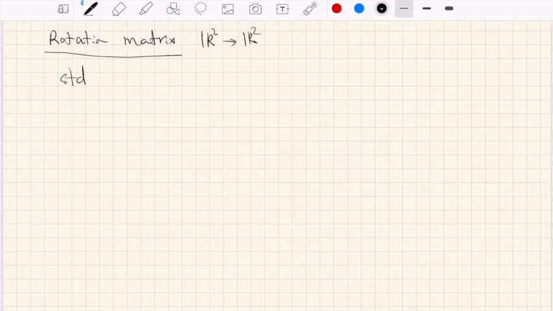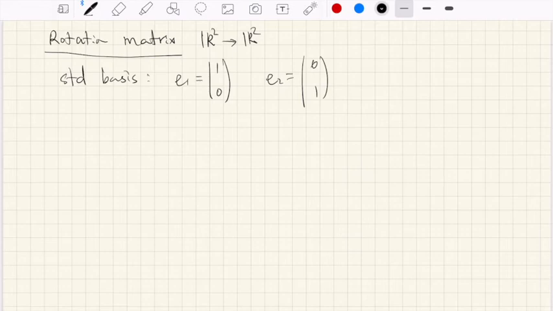The standard basis for R2 is e1 equals (1, 0) and e2 equals (0, 1). Now we want to get the standard matrix, so we transform each of e1 and e2 to a new coordinate.